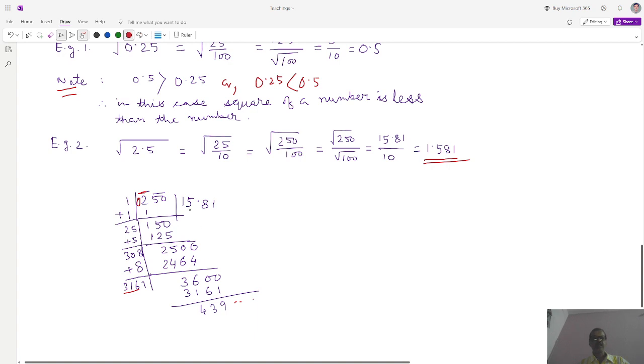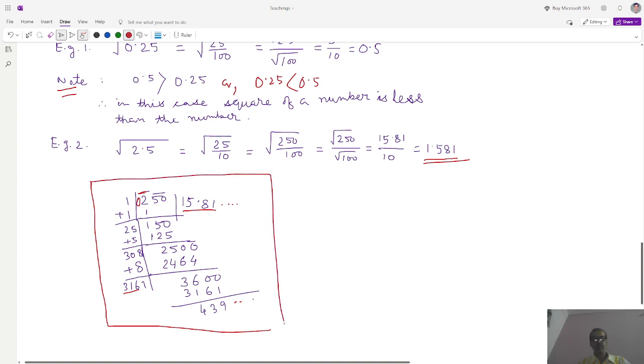So up to 2 decimal places, we here find root over 2.5. If we require more digits after the decimal, then we have to carry out the division repeatedly. So here is the full demonstration of the division method to find out the square root value.